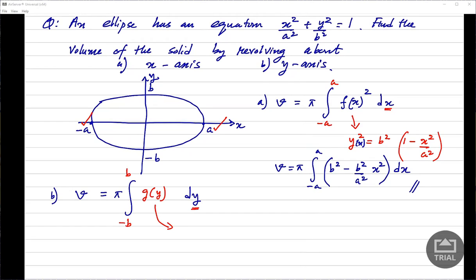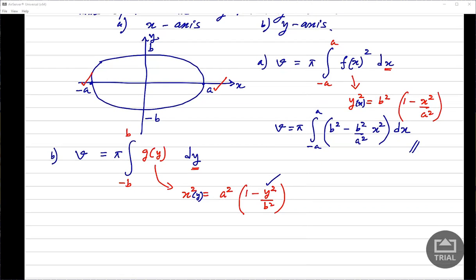You subject x squared here, and you get a squared times 1 minus y squared divided by b squared. That makes sense because this is a function of y, since you have all y's on the right hand side. So it would be pi, integral from minus b to b, of a squared minus a squared divided by b squared y squared dy. That would be the answer.